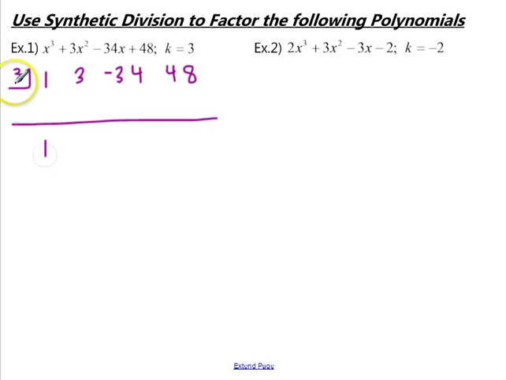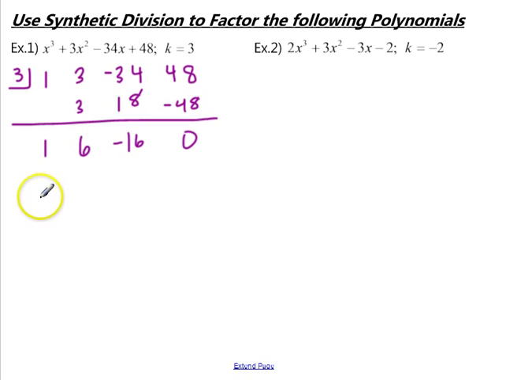Bring down the 1. 3 times 1 is 3, and when you add down, that's 6. And then 3 times 6 is going to give us 18. And then when you add down, that'll give us negative 16. 3 times negative 16 is going to be negative 48. And when you add down, we have a remainder of 0.